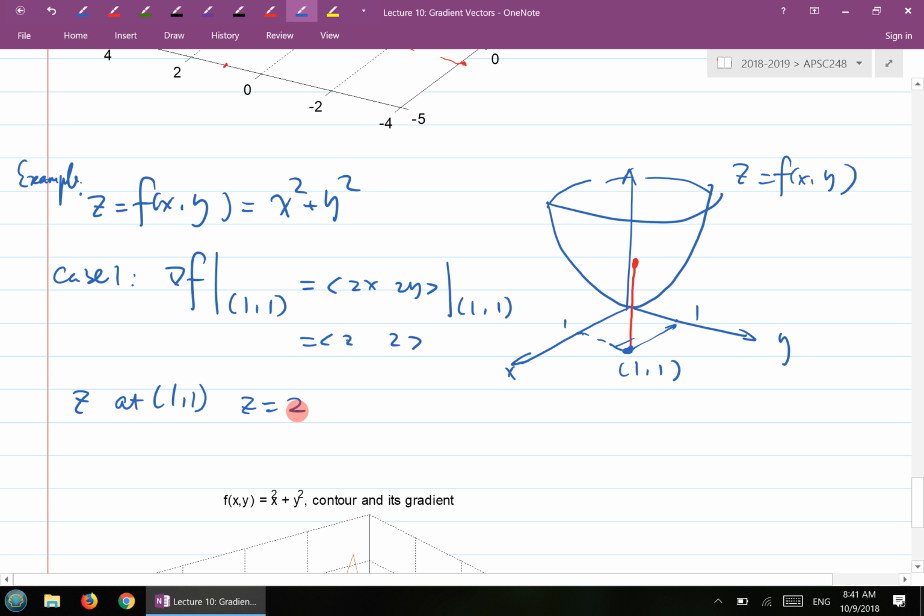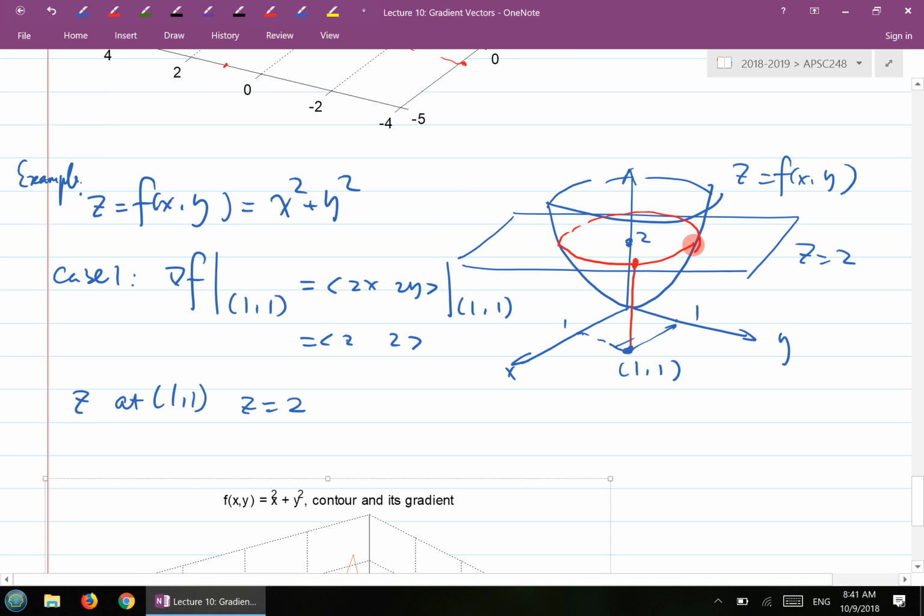Now if I slice this surface at here, where this is 2, with a plane z equal to 2, then what I'm going to get in this case is a circle.